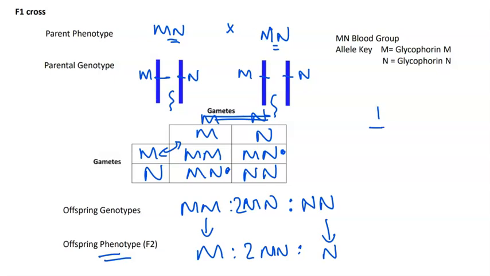So 1 in 4 chance of blood group M from a heterozygous cross. There's a 0.5 or 50% probability of MN, the third phenotype, and we're back to 1/4 or 0.25 of N, like that. So codominance does make a difference in the outcome of the F2 ratio.